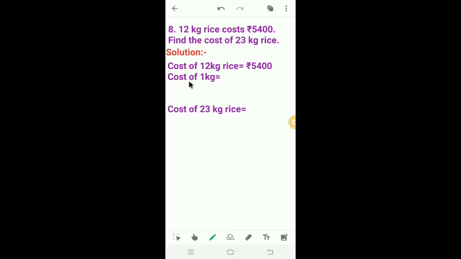So first we have to find out cost of 1 kg. How can we find out cost of 1 kg? What do we have to do? We have to do division. We have to divide 5,400 by 12.